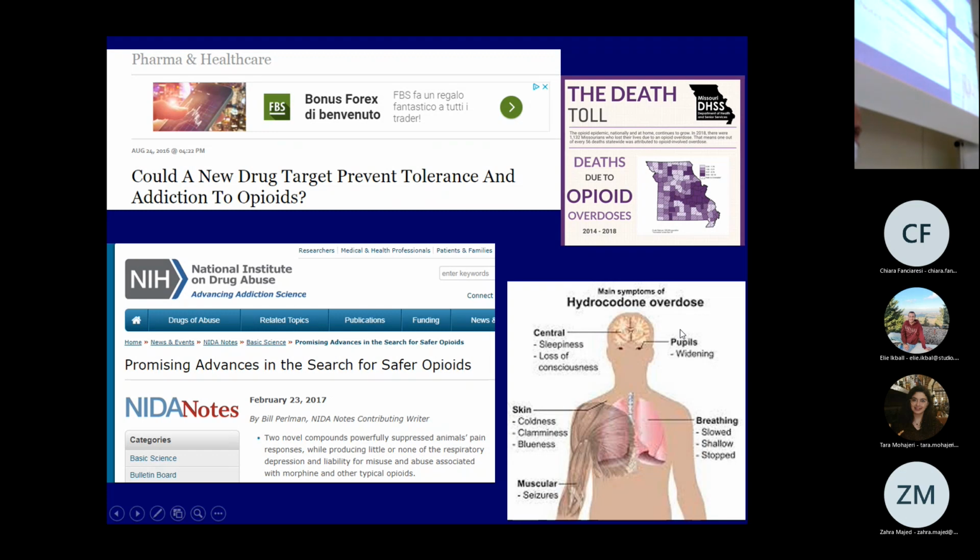You see the symptoms of overdose, in particular breathing: slowed, shallow, and stopped. Pupils widening, central sleepiness, loss of consciousness, skin coldness, clamminess, blueness, okay, at the end. So this is a message for you just to know the problem when you manage this type of compound.